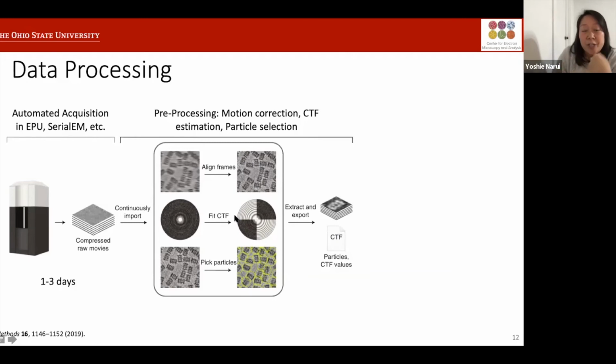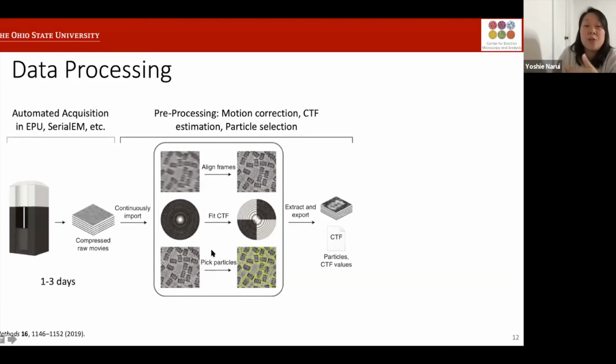After you do motion correction, you can fit the CTF, or contrast transfer function, which I'm not going to talk about here, but essentially it's going to tell you how high of a resolution the information in your images is. So essentially, what is the best achievable resolution you could get for the data that you've collected? You want to fit the CTF to your images and find out how good this data is.